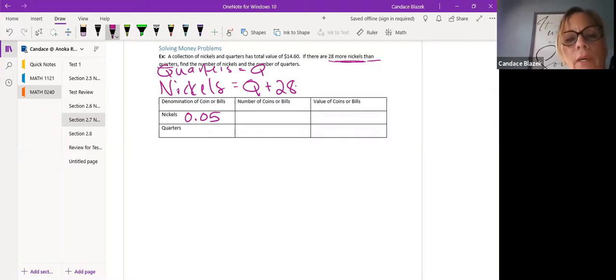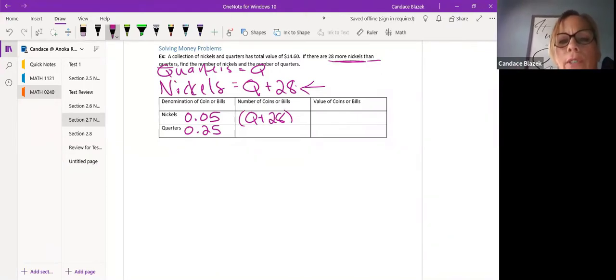For quarters, 25 cents or 0.25, parts of $1. Now the number of coins. For nickels, I know that it's Q plus 28, because there are 28 more nickels than quarters. And for quarters, there's our Q.